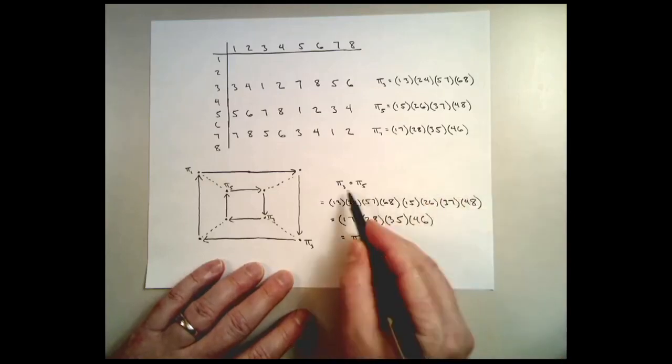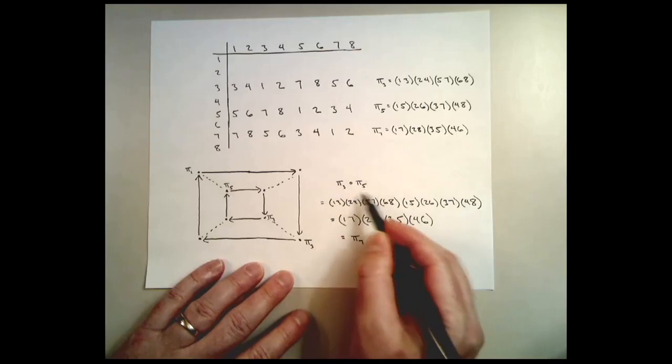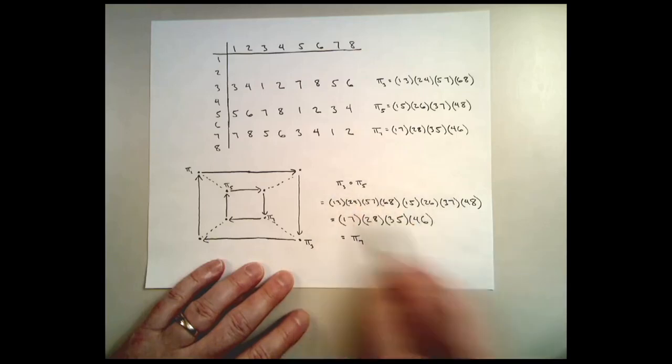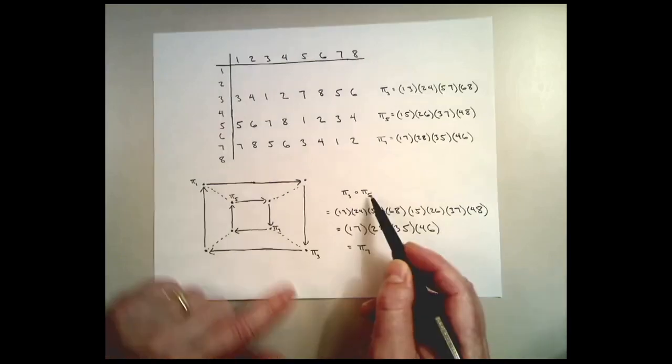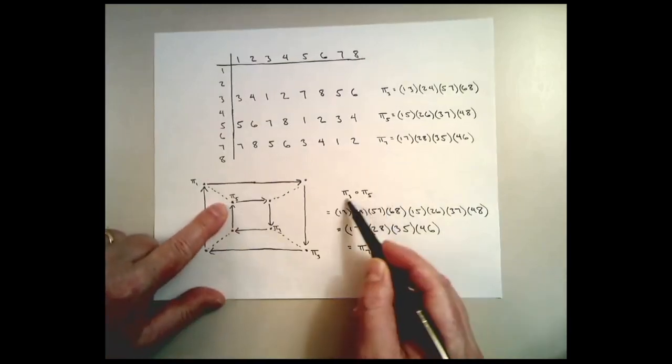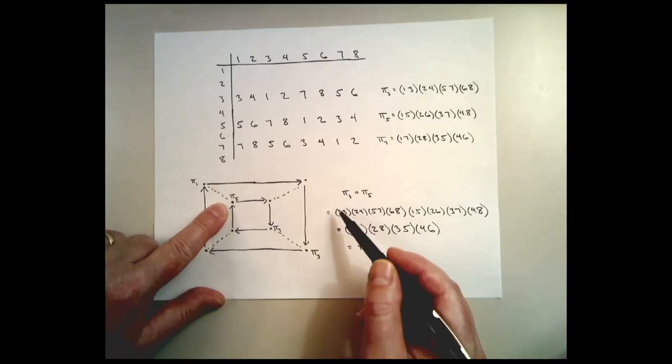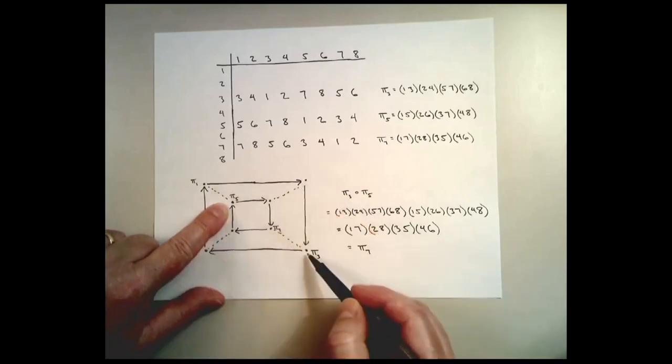So I have one pair here. Pi 3 composed with pi 5 gives me pi 7. So I want to start with pi 5, follow it with pi 3, and pi 3 I get to with 2 arrows.